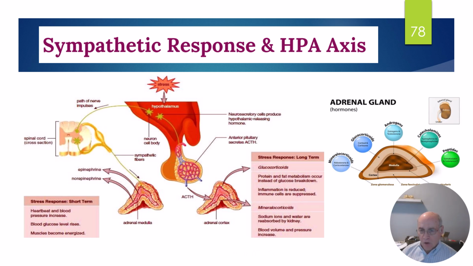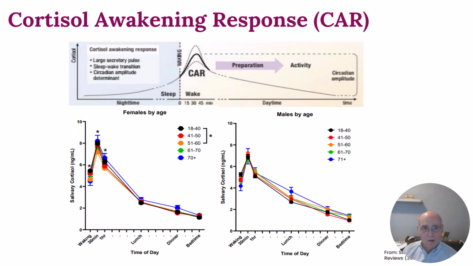It affects muscle tone, volume, blood pressure, and you can see on the right the adrenal glands and where different hormones come from, which section of the adrenal glands.